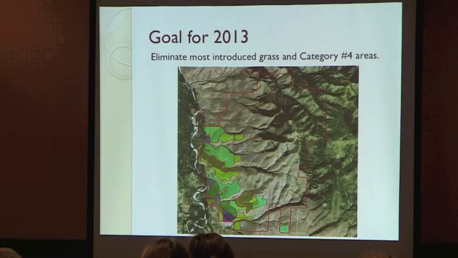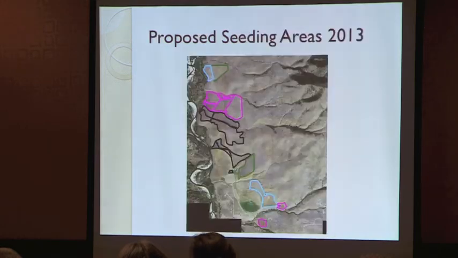As I mentioned, we've got lofty goals this year, and that's elimination of basically most of the introduced grasslands in the category 4 areas. By category 4, I mean areas that have almost no native vegetation that we deem worth salvaging. So we can get pretty heavy-handed with these areas.